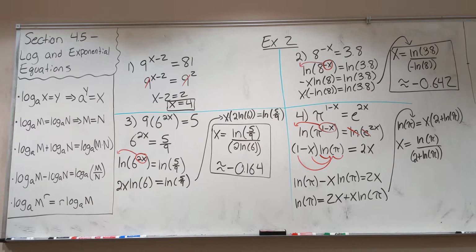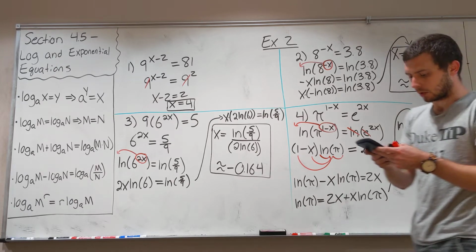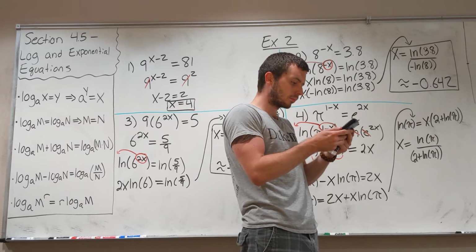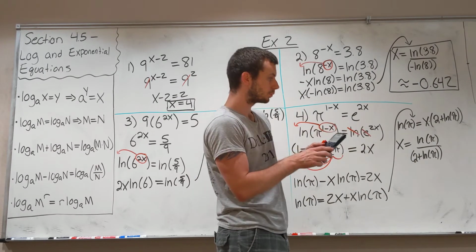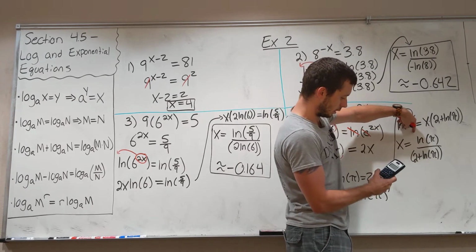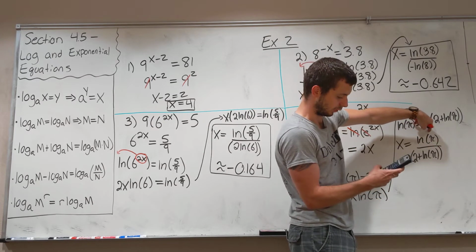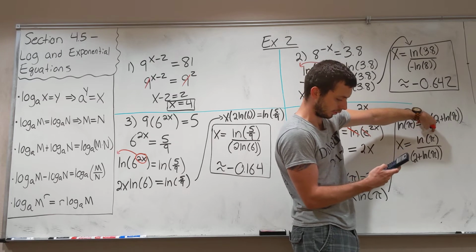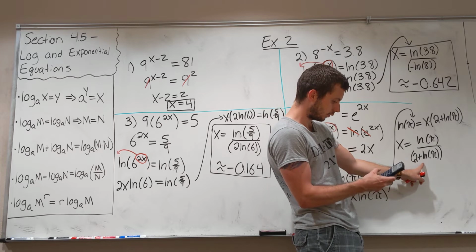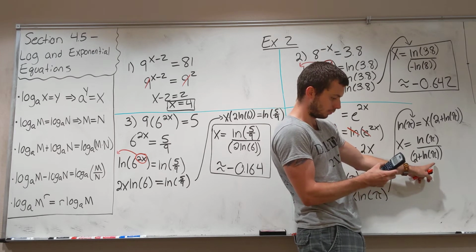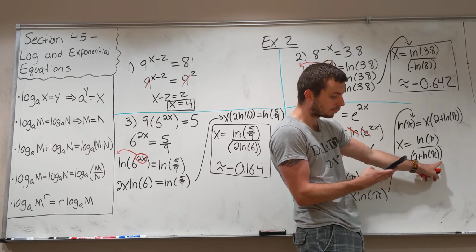But now we have to figure out this answer as, well, we have to round it to 3 decimal places. And pi on the calculator is the 4th button on the first column. So I'm going to do ln, it opens up a parenthesis for me, pi, close parenthesis, divided by, open parenthesis, 2 plus ln of pi, close, close.